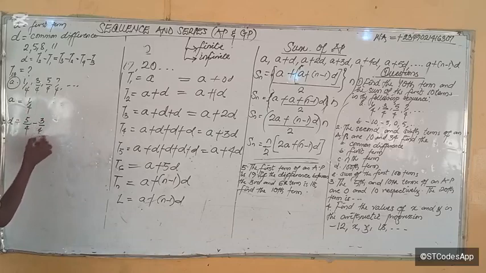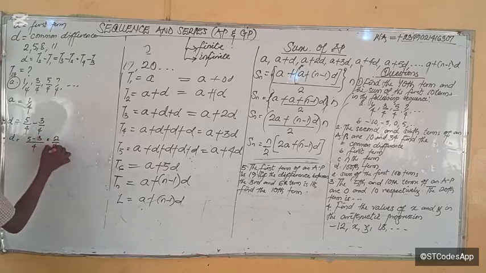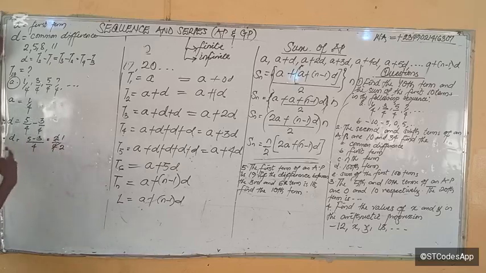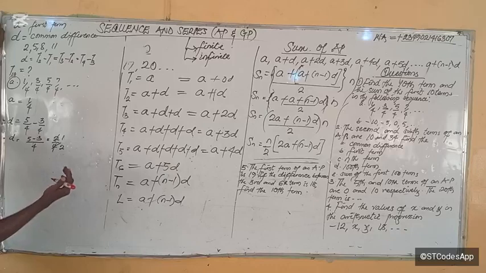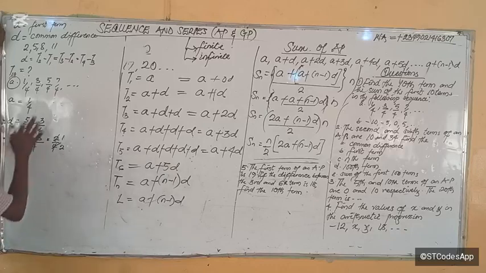D therefore becomes, LCM is 4, 5 minus 3 over 4, so that becomes 2 over 4, which is 1 over 2. Is that clear? What I basically did was take the LCM. In case you are lacking these basic skills, that's why I told you to get that textbook. So D is 1 over 2, we've gotten that.